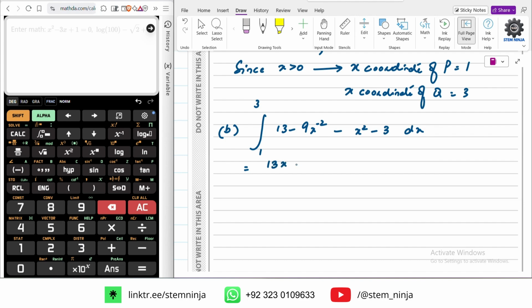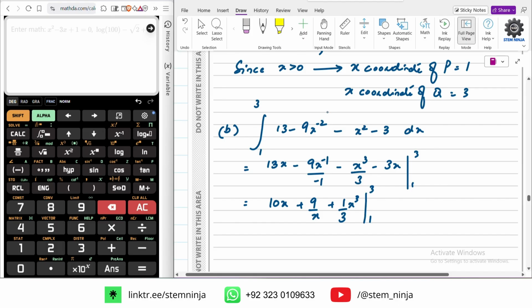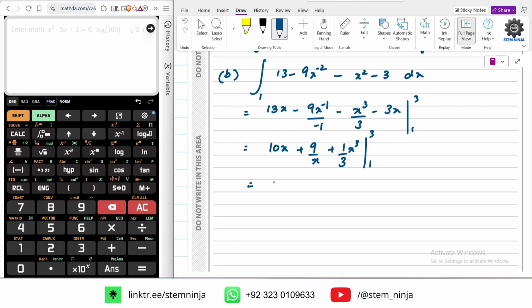So 13x and minus 9x raised to the power minus 1 over minus 1, minus x cubed over 3 minus 3x, from 1 to 3. This is not the simplified form. Let's simplify it first. So 13 minus 3x is 10x. Minus minus gets cancelled, so this becomes plus 9 over x. And this is minus 1/3 of x cubed. Right, now we are ready to plug in the values so that we don't make any mistake.